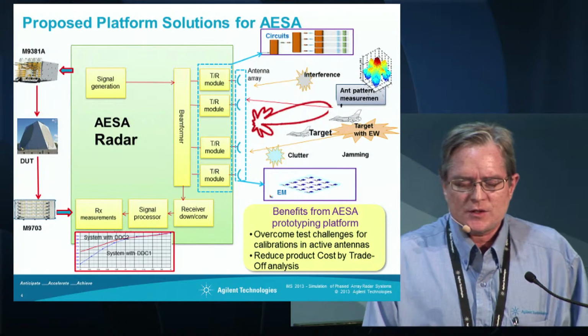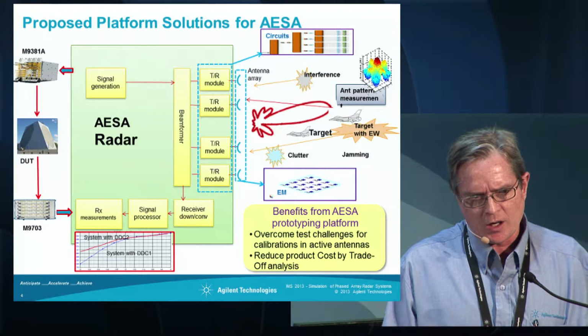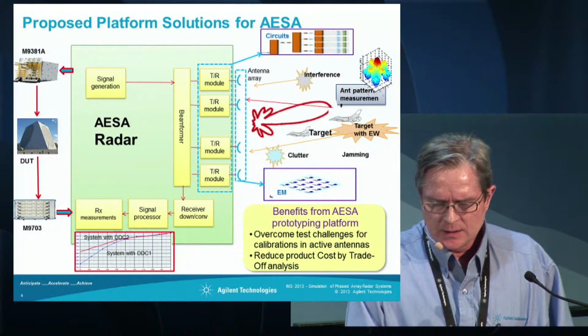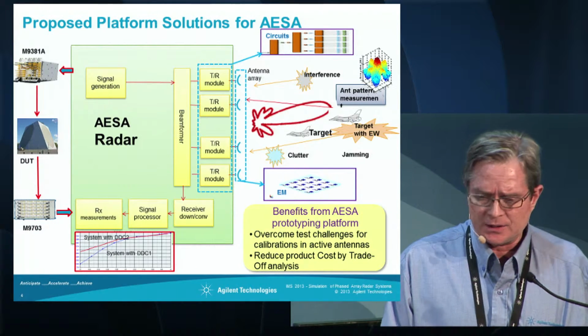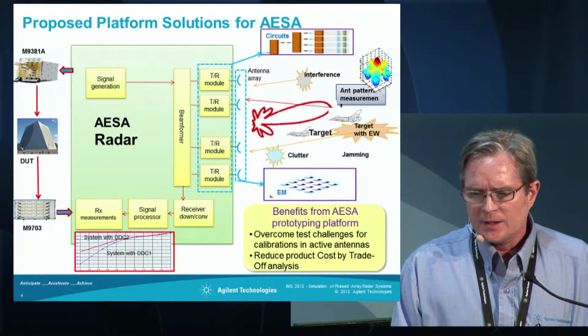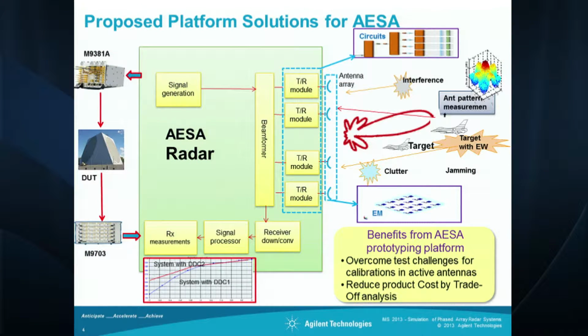All right, and so we have a platform that we use to bring all of this together for the active electronic steerable or scanning antennas. So of course, the DUT is important, and test equipment and being able to measure it, but that's kind of expensive when you get to that part.